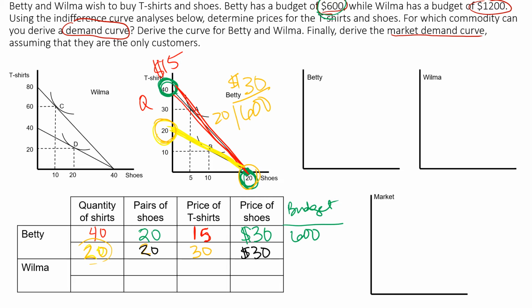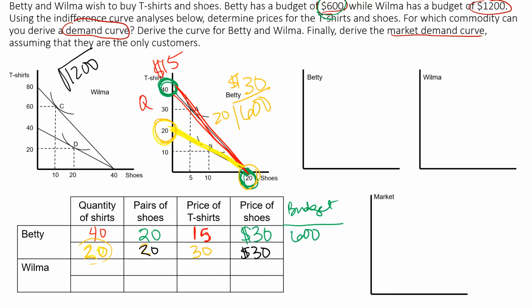Again, the extreme point didn't change, so the price didn't change. Okay, now if we go to Wilma, Wilma has $1,200 to spend. Okay, so we know at one point, let's do this one a little bit differently. We know her quantities. Let's put those in first.